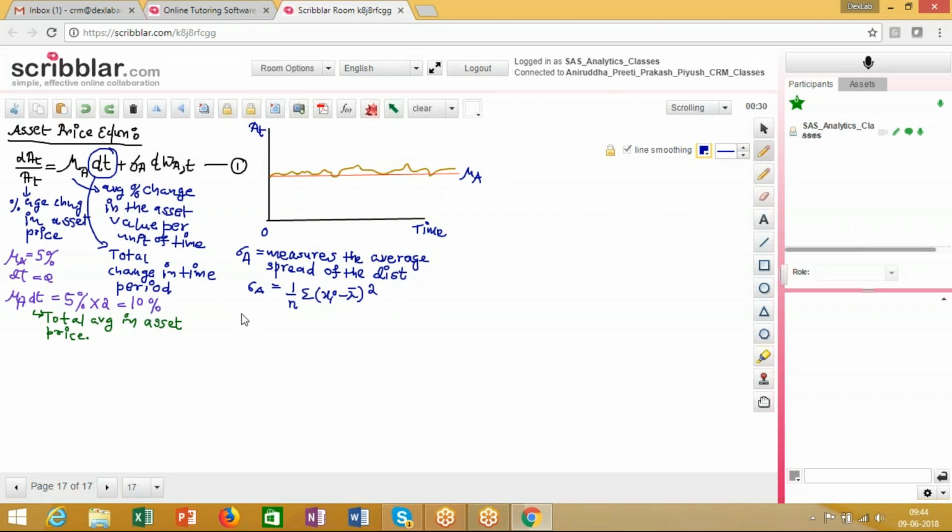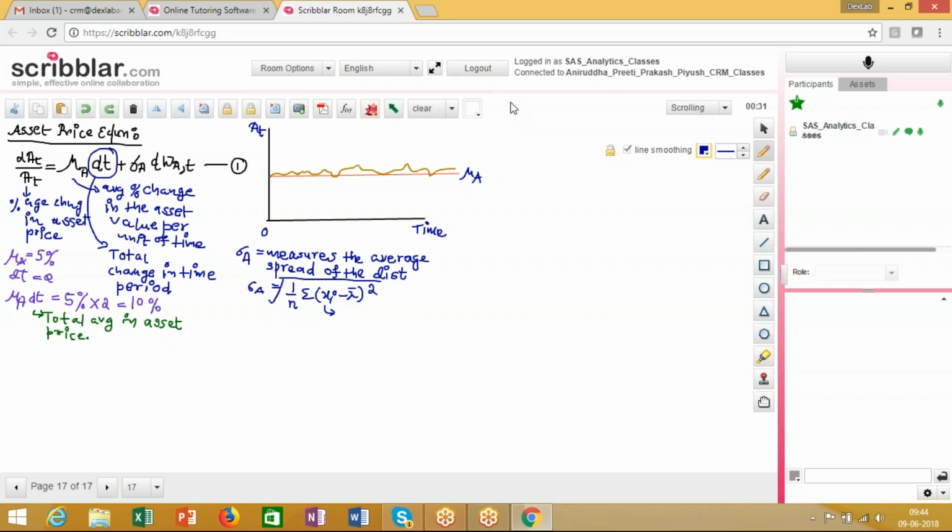Right? So it is generally the square root of this. So xi, as we call it, is the observation. Say, for example, the variable contains 10 values, right? So x1 is the first value of that variable x.